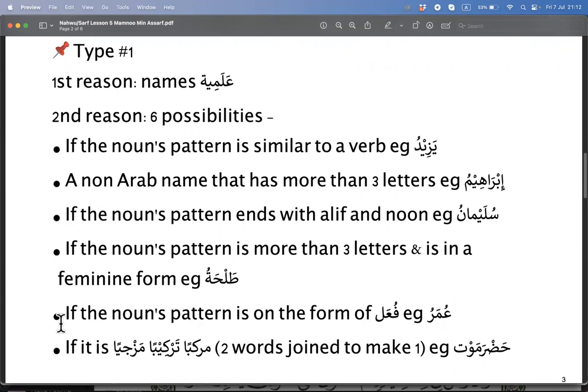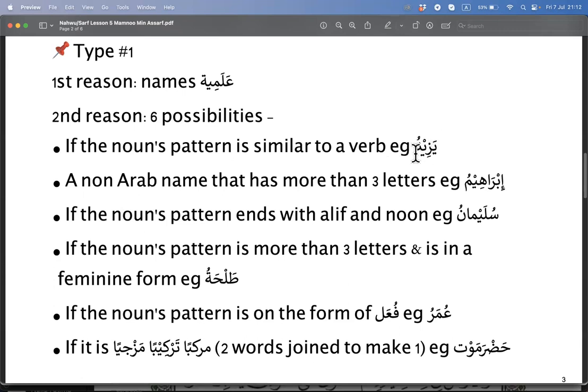The second reason is that the noun's pattern is similar to a verb. Later on, when we learn more verbs, you can see more patterns. For example, right now, the name Yazid actually looks like the fi'il mudhari, Yazidu.